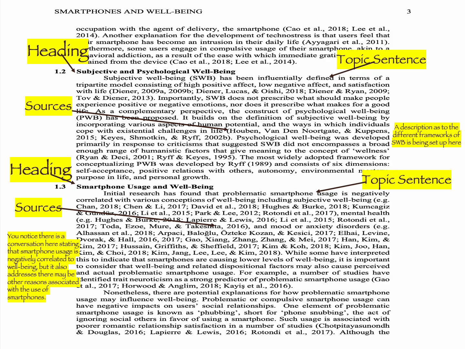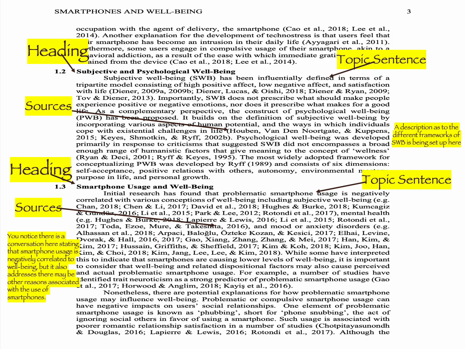And here's another framework, even the most widely adopted framework for conceptualizing psychological well-being was developed by Riff. So the article here is also somewhat of a defining of this notion of subjective and psychological well-being, so to speak. It's not quite addressing the smartphone yet.